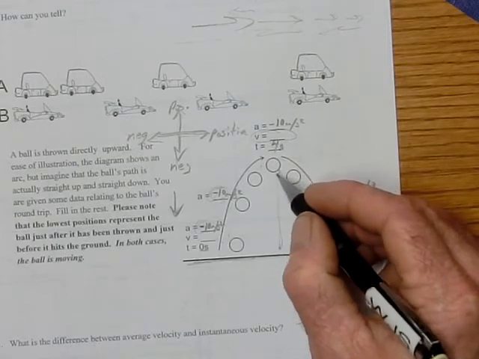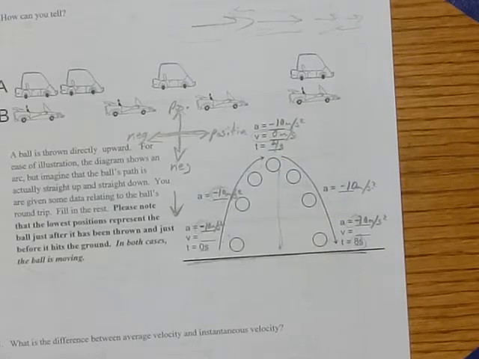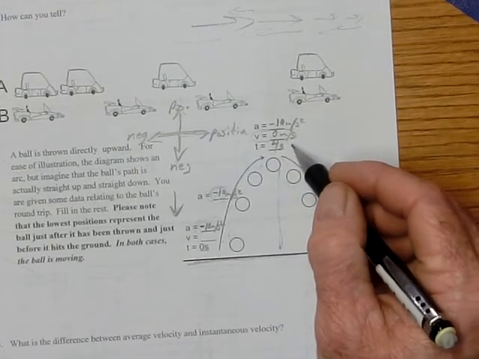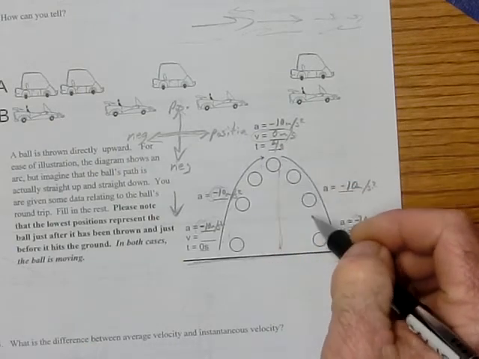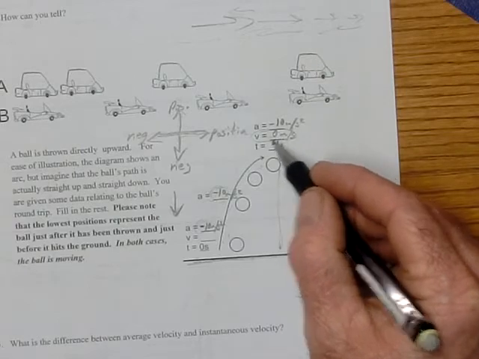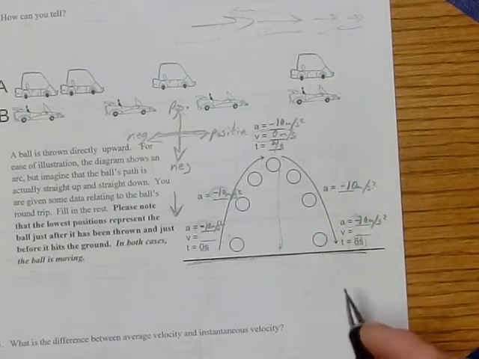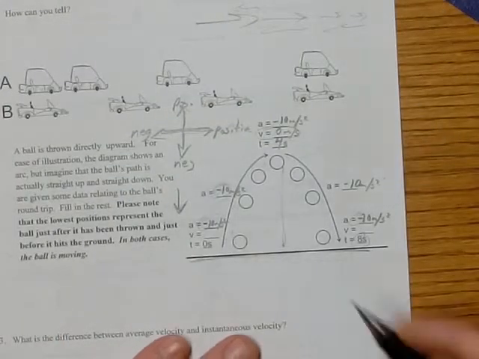It had to stop for just a second. So at the top, its velocity is 0 meters per second. It's only that velocity for an infinitely short amount of time. It didn't just sit there at 0 for any amount of time. It kind of passed through it. And this graph will again get at that.